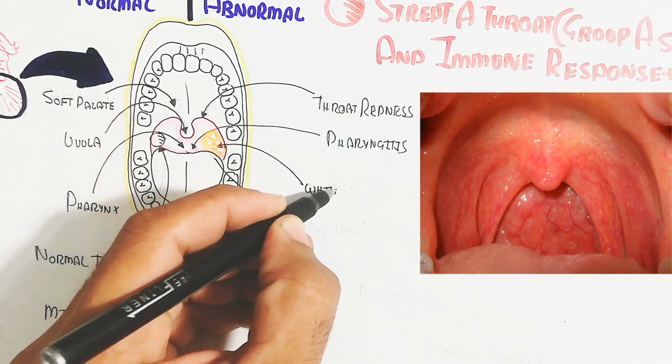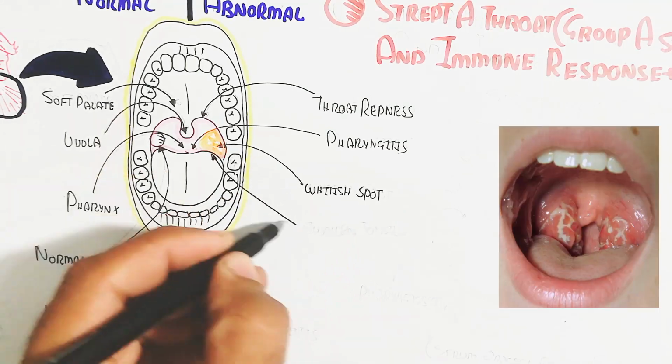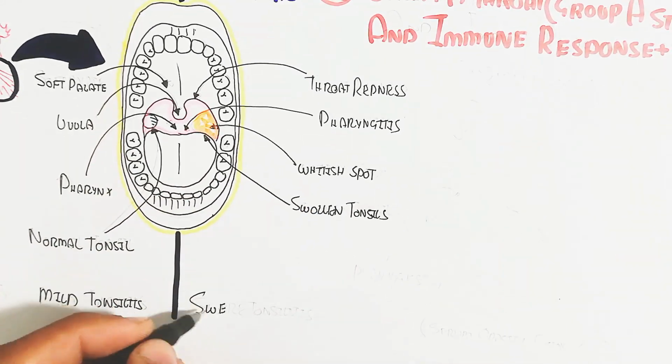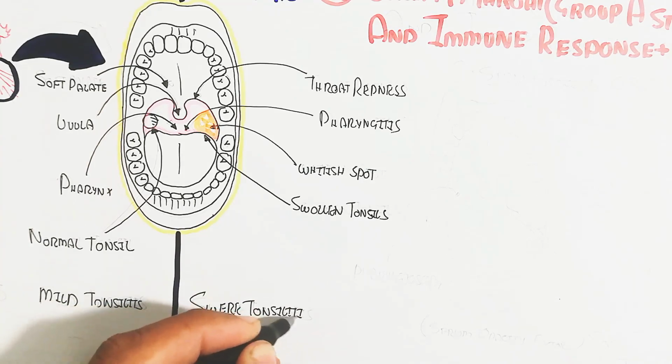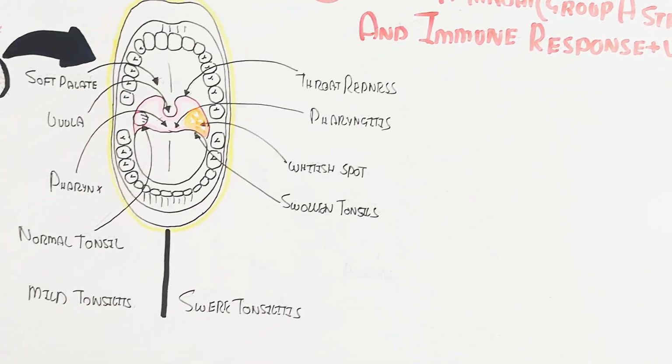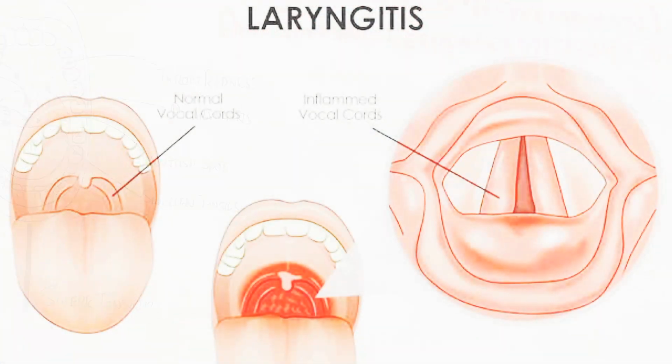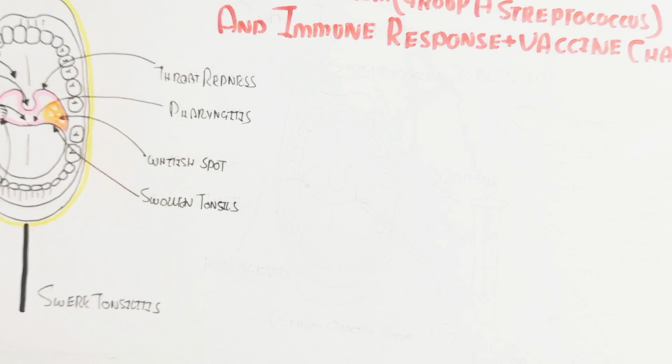Here is the pharyngitis, and this is the whitish spot of severe tonsillitis. This is just for your understanding, but remember, here is the laryngitis, the swelling of the larynx.